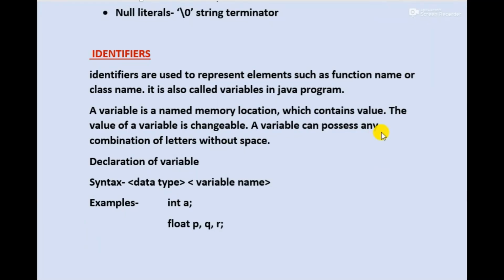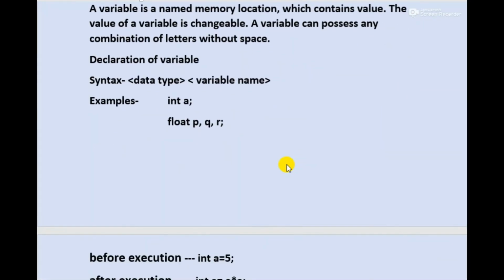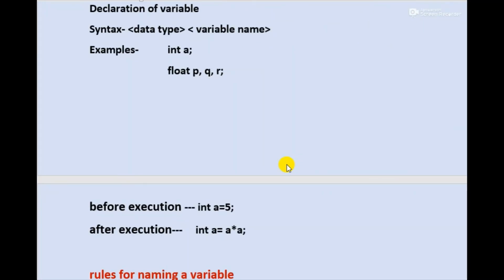I told you earlier that the value of a variable is changeable. Now I am going to show you how the value of a variable changes. Here we can see a equal to 5, so variable a is containing the value 5. This is the start of the program where we declared a and initialized the value 5 to variable a.